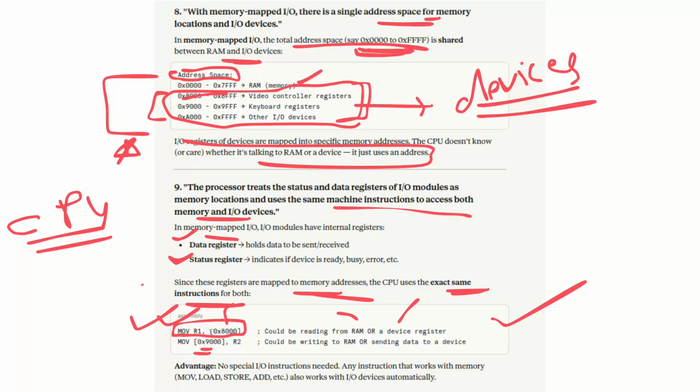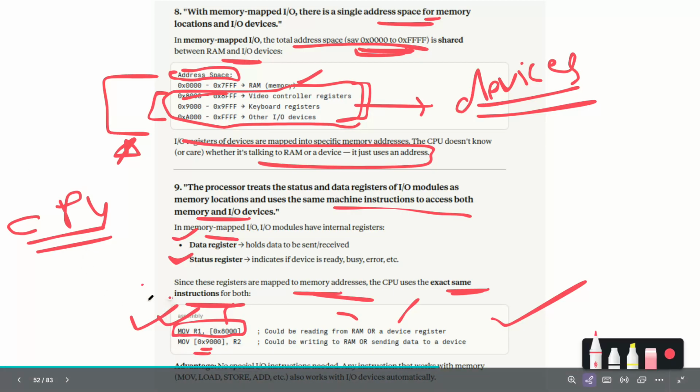That means the CPU wants to access the memory, and it may sometimes want to access the IO devices. So the same machine instruction can be used; we don't need special IO instructions.